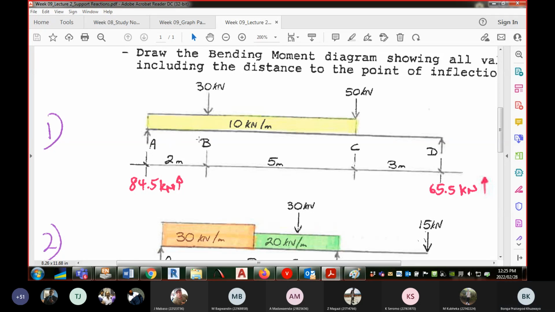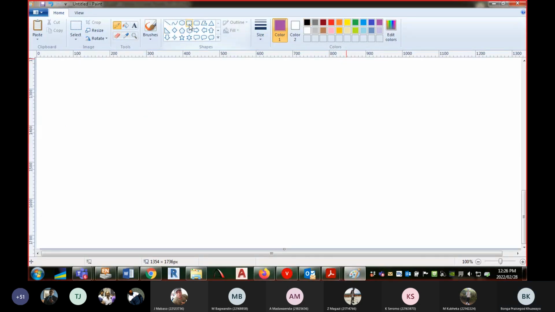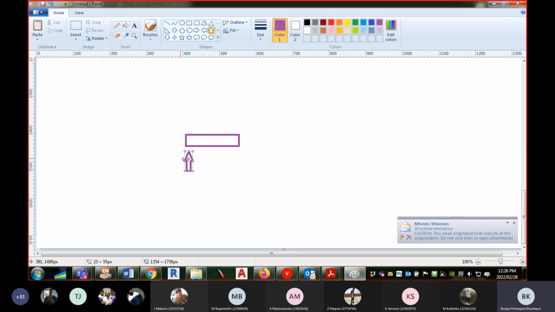So 1 meter, we're somewhere here. That's the point, that's the section we are looking at. What is the algebraic sum of the forces just to the left of the section? So the free body diagram we have now looks like this. We have a UDL there, and then we have a support reaction.